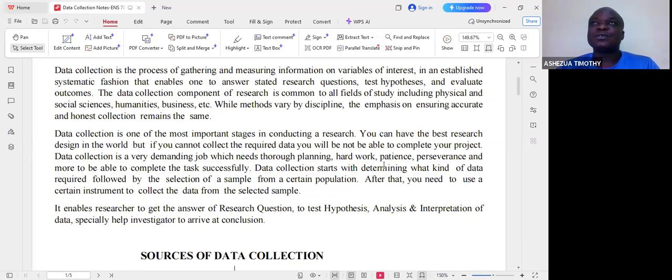For you in sustainability, you can't work without data. By the time you start doing your project, you will observe that at some point you will need to collect data. Maybe where you did your internship, you have to get data to come and fit in. Those of you who will be developing models, you develop a model, and you get data to validate your model.